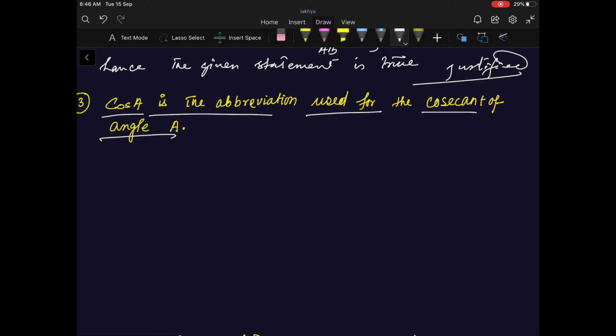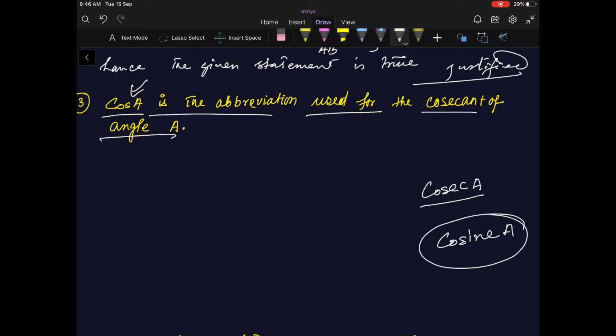Remember that the abbreviation used for cosecant of angle A is cosec A, not cos A. Cos A is the abbreviation of cosine of angle A. So this statement is false.